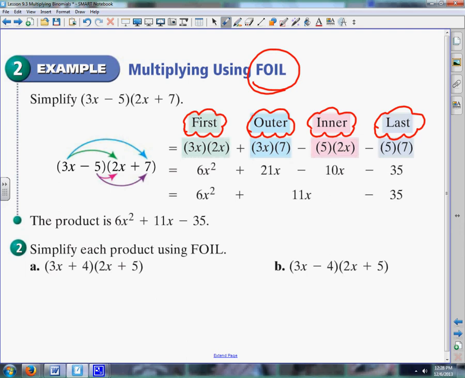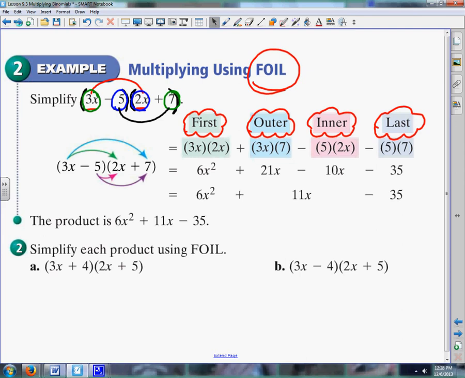If you look at just the sets of parentheses, first means you multiply the two first numbers. Outer means you multiply the outer numbers, the ones on the outside. Inner means you multiply the inner numbers. And last means you multiply the last two numbers.